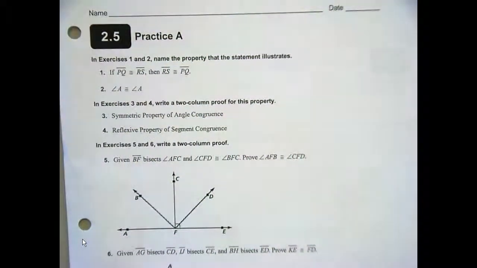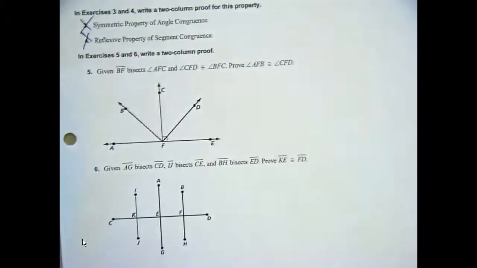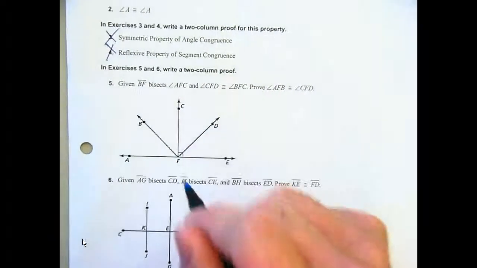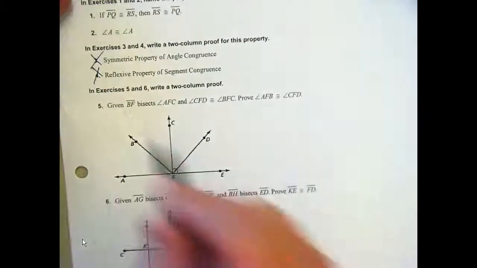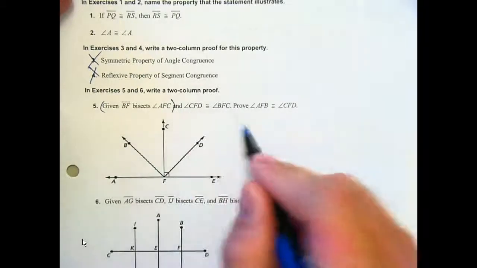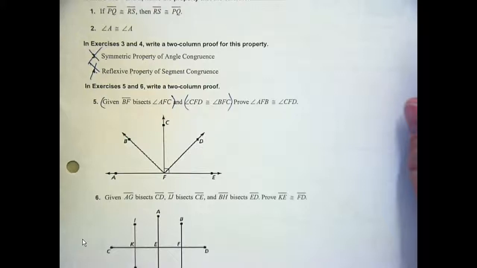So on our assignment today on 2.5a and b, if you work through these in the order they're given, I will try to give you guidance. We're going to skip those two, but number 5. So you have your givens. Make sure that as you're looking at this, you recognize that there are two different given pieces there. All right.